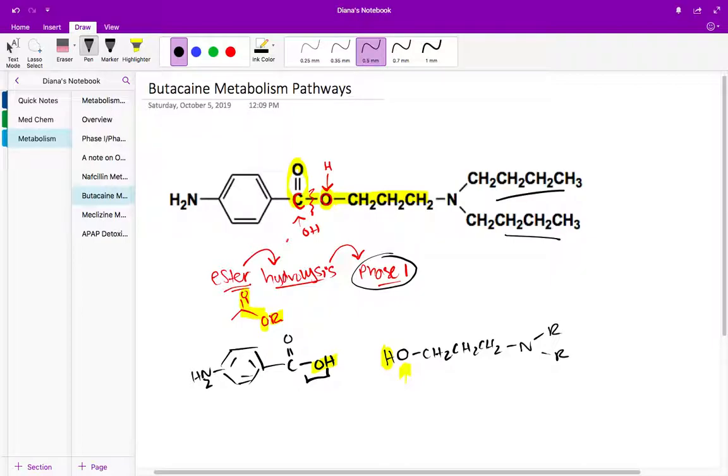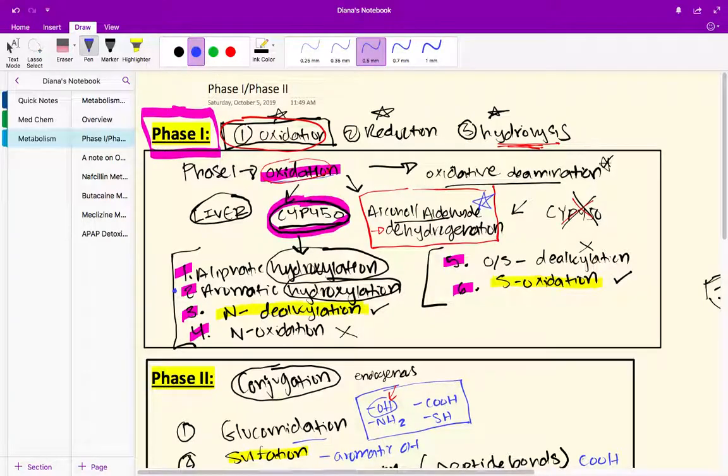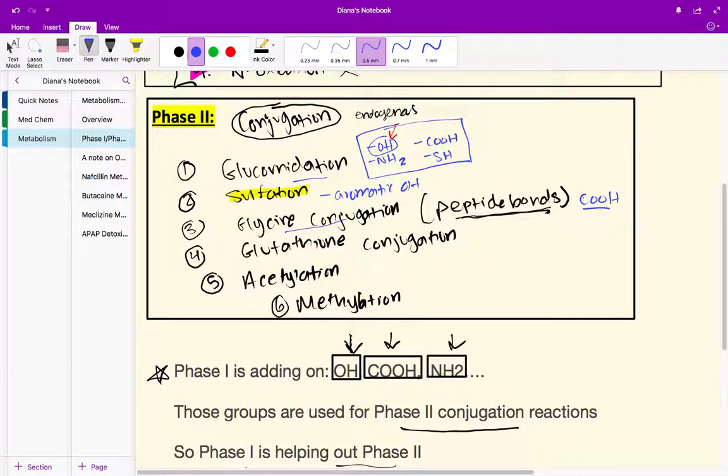All right, and so I'm going to add that to this list that we've been adding notes to. So for N-acetylation, which is a phase 2 reaction, acetylation, that can occur whenever you have a aromatic amine. It can also occur whenever you have an R and NH2 group.